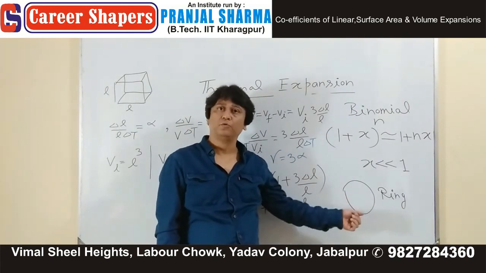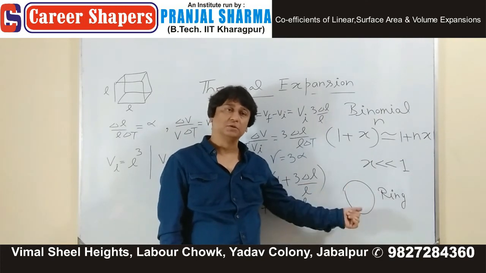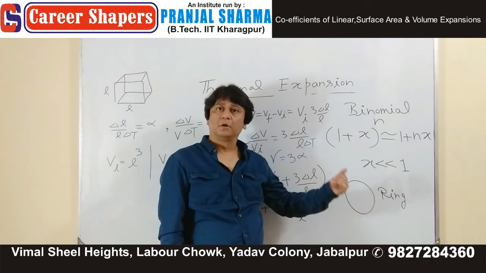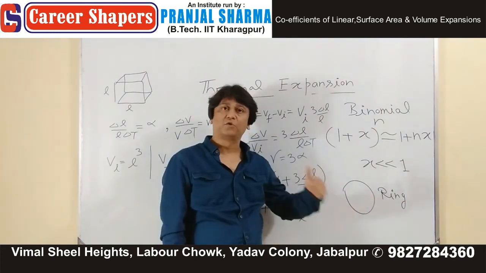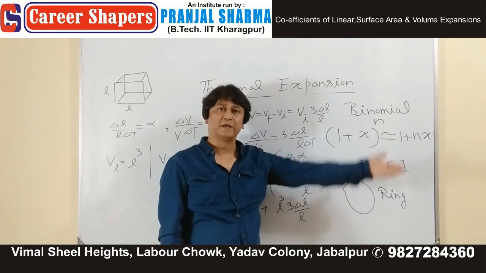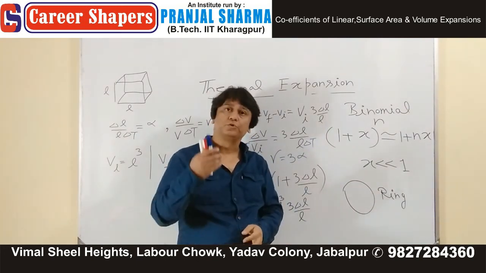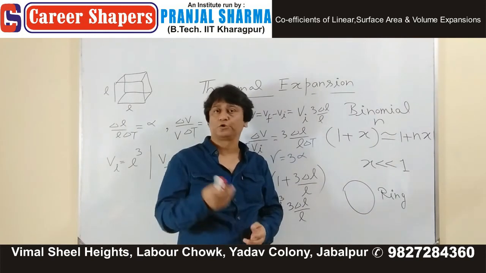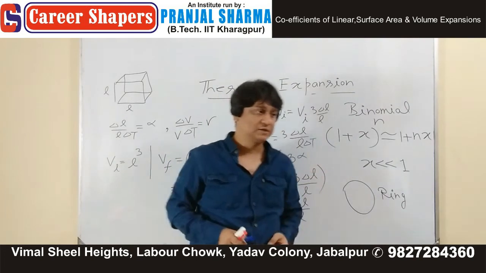How can you find change in its dimensions? I'm asking you, for a ring, if we have to investigate what happens after you raise the temperature by delta T, so what should be the approach? Should we go for alpha or should we go for beta? What do you suggest? Write down fast in the comment box.